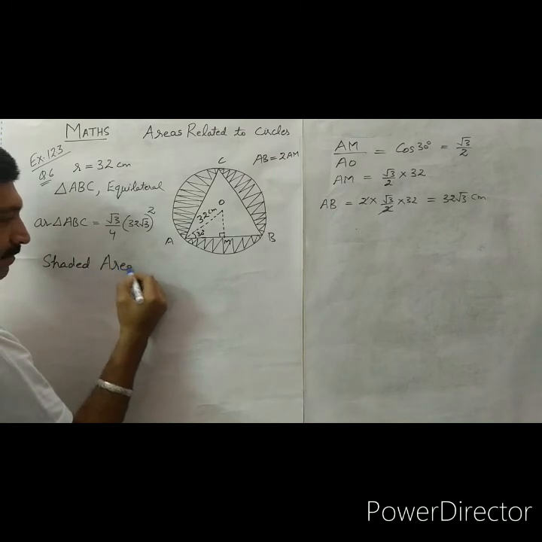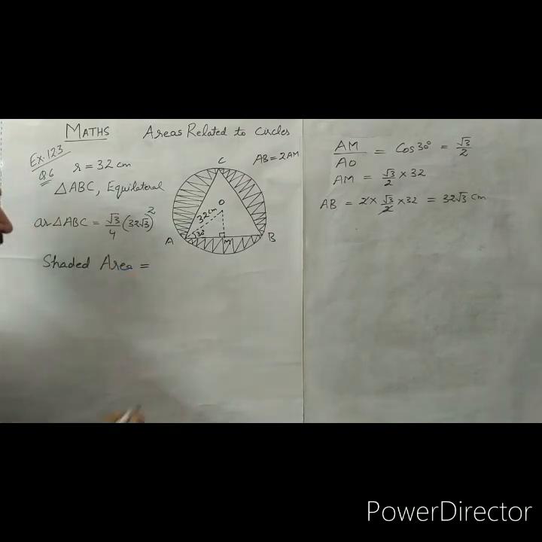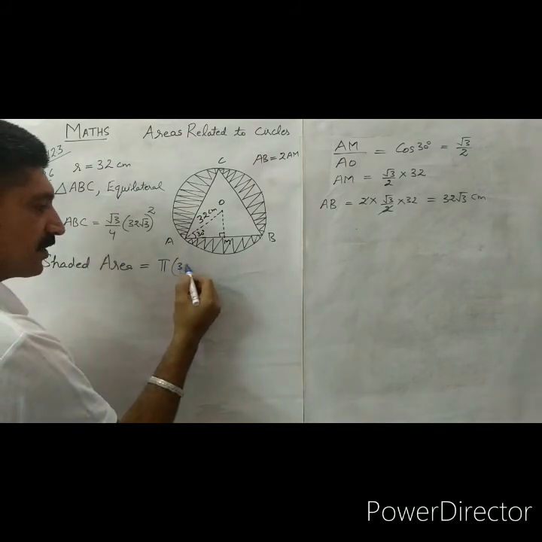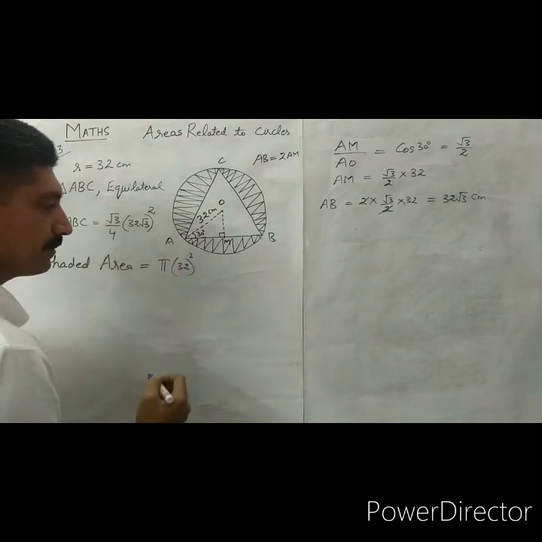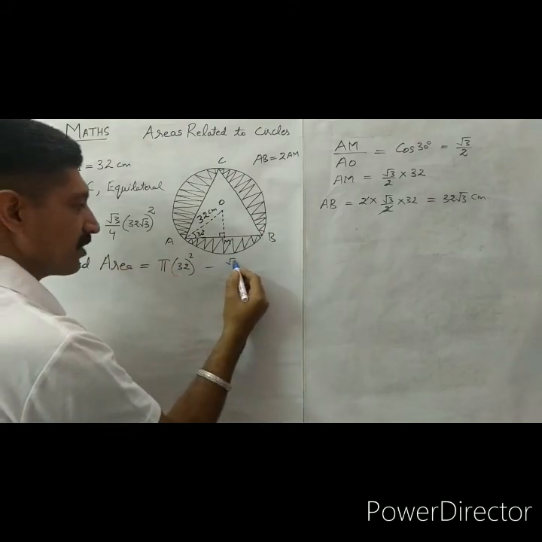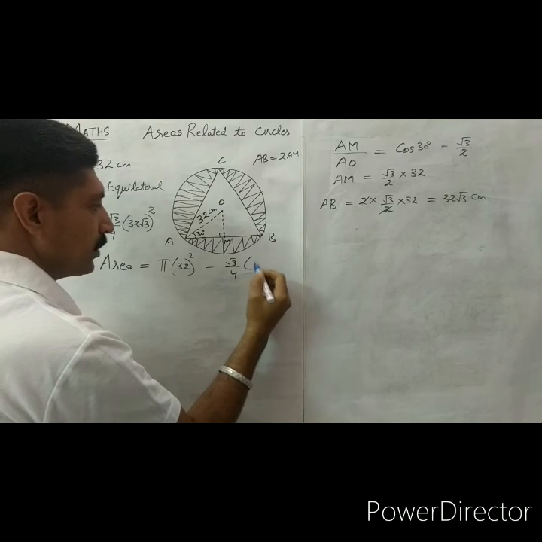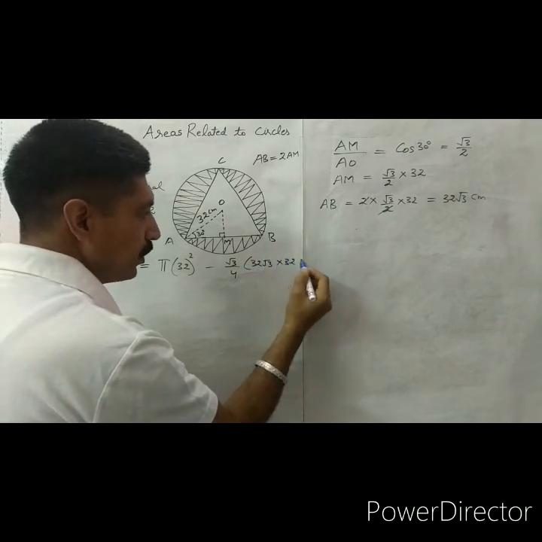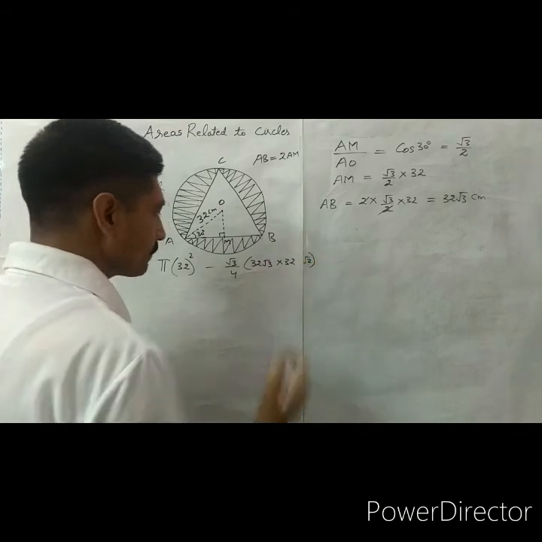So here the required shaded area is equal to area of the circle, that is pi times 32 square, minus area of equilateral triangle, that is under root 3 upon 4 into 32 under root 3 into 32 under root 3 here.